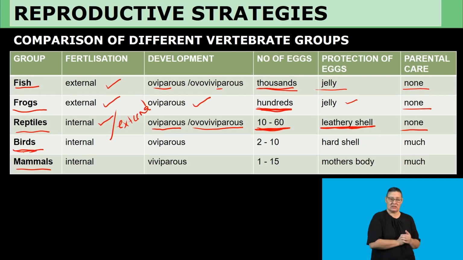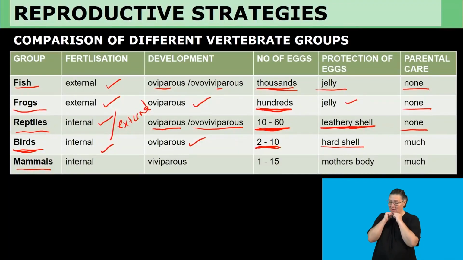Now with birds, the fertilization is internal and it's only oviparous. Check the number of eggs, 2 to 10. The decrease is big. And what about the shell? It's a hard shell. So there is more chance of protection on the eggs. And yes, there is a need for parental care.